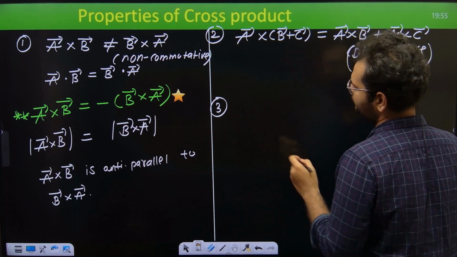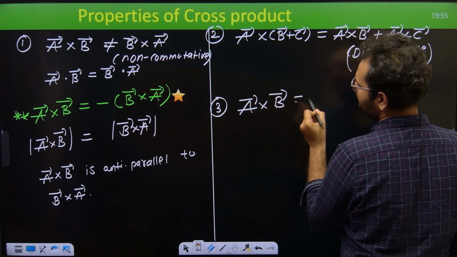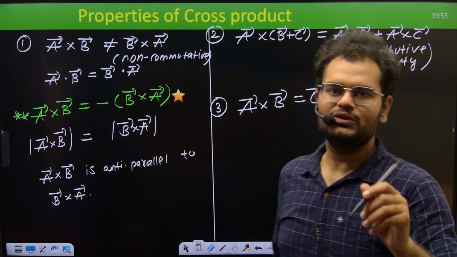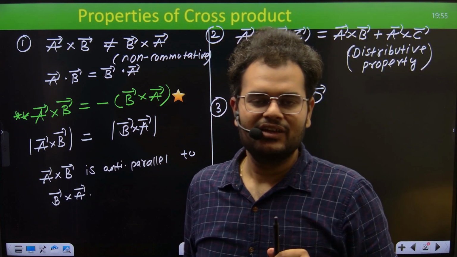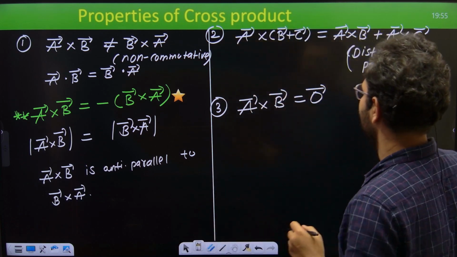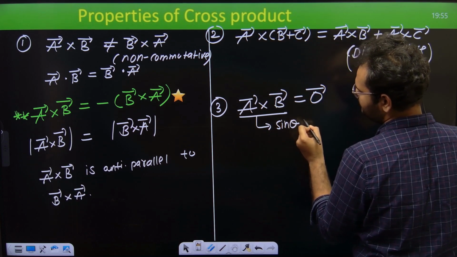Listen here. Can you tell me when A cross B will be equal to 0? A cross B is nothing but AB sin theta. AB sin theta will be 0 when sin theta is 0. That means sin theta must be equal to 0.